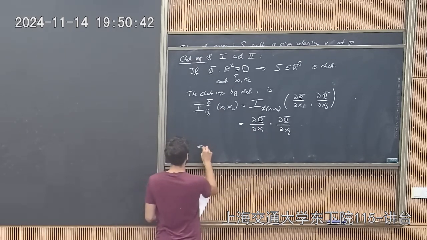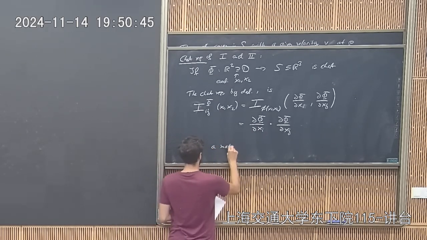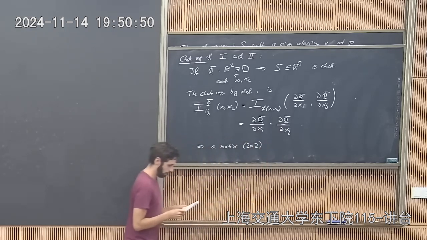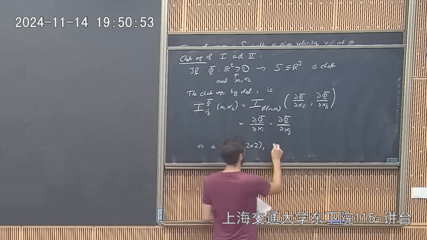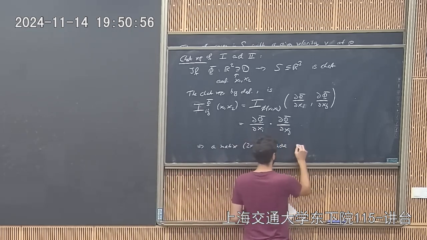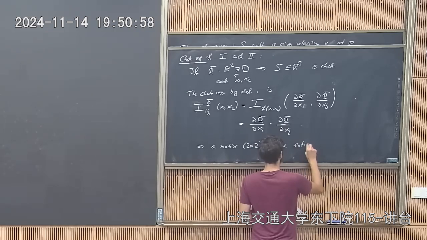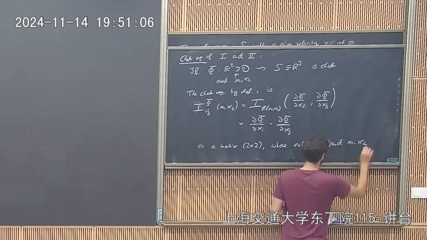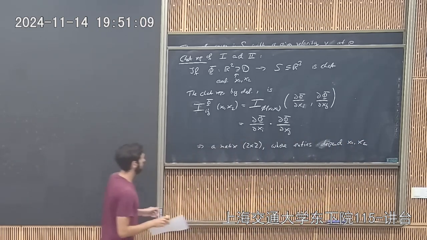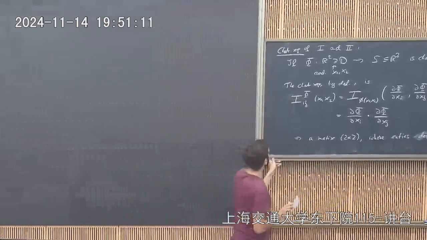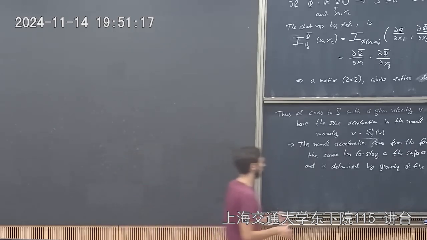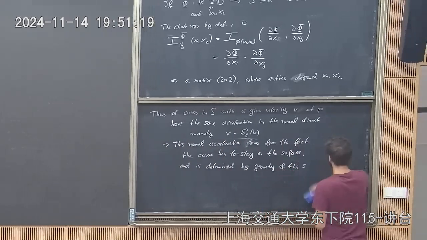So that's a 2 by 2 matrix whose entries are functions that depend on x1 and x2. So that's the chart representation of the first fundamental form, and of course we can do something similar with the chart representation of the second fundamental form.